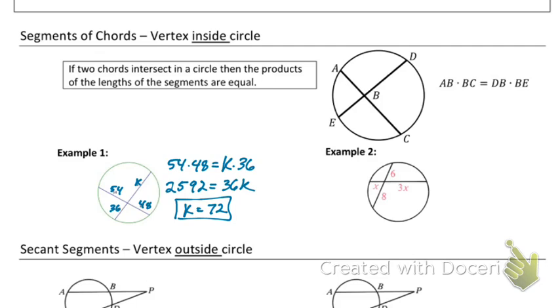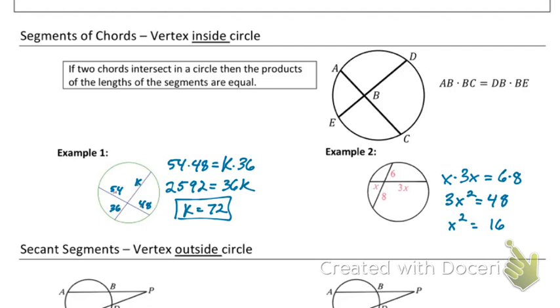Our next one is the same problem. We have intersecting lines inside a circle, so it's going to be segment times segment equals segment times segment. In this case, you have x times 3x equals 6 times 8. That gives me 3x squared equals 48, so x squared equals 16.